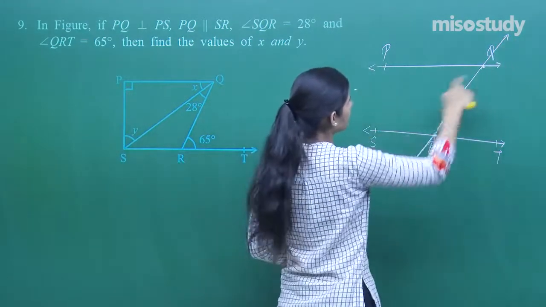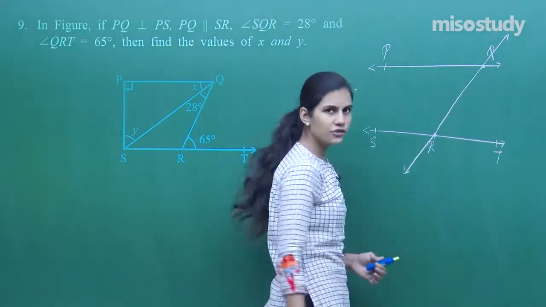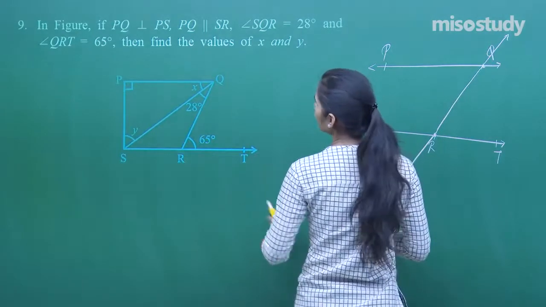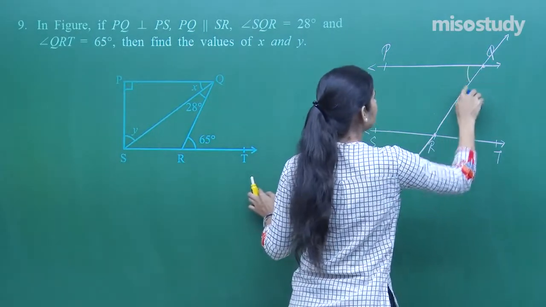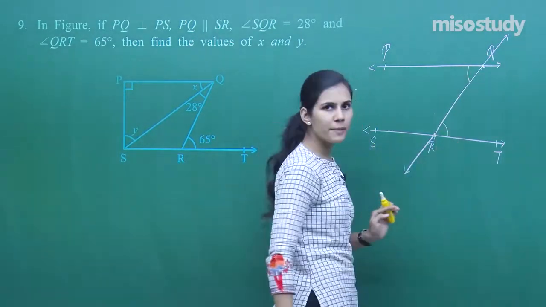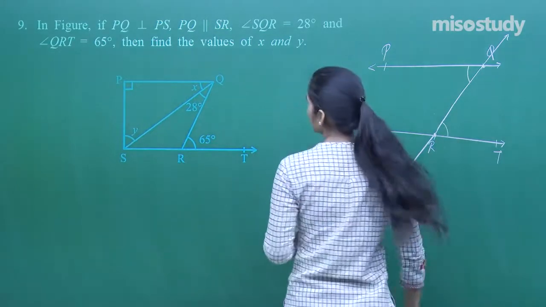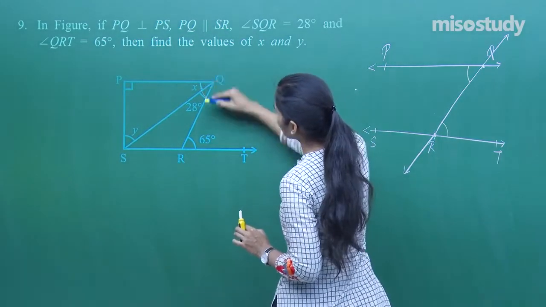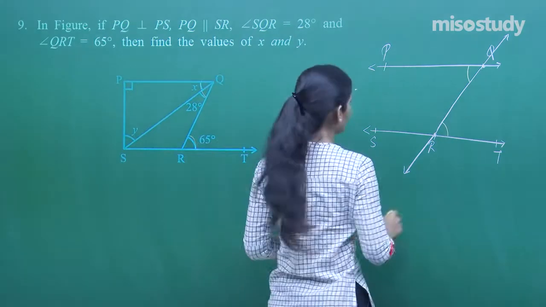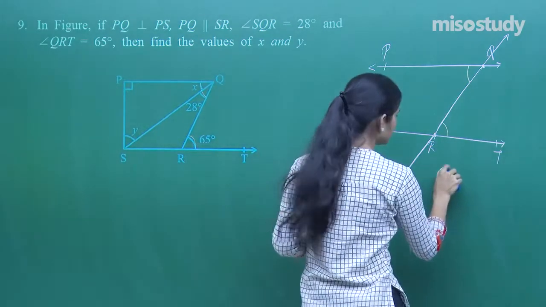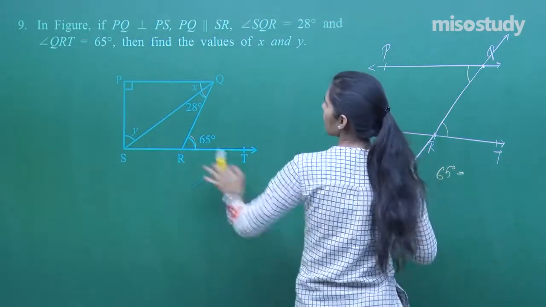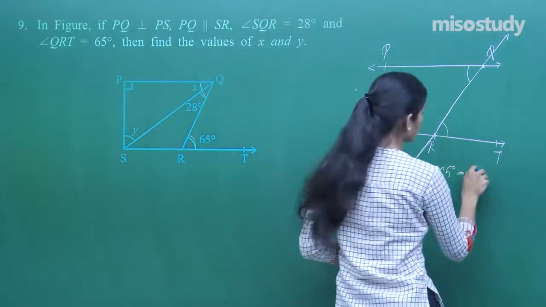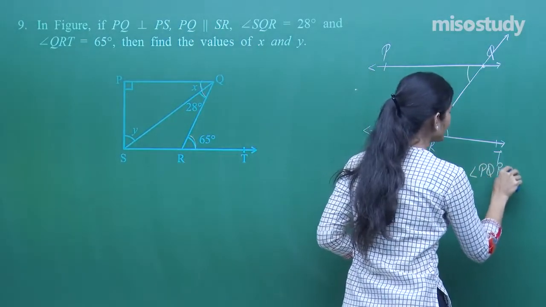So what is it that you have? This line is parallel to this line, this is acting as a transversal, and therefore you will have this angle equal to this angle because they are forming a pair of alternate interior angles, and so you will have this complete angle equal to this angle. So you will have 65 degrees will be equal to angle PQR. What is angle PQR?